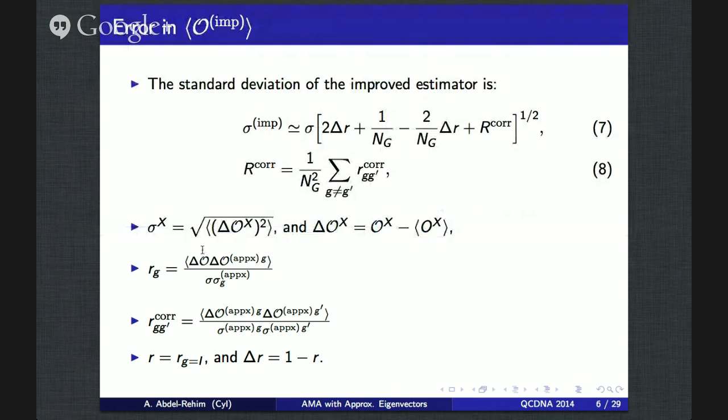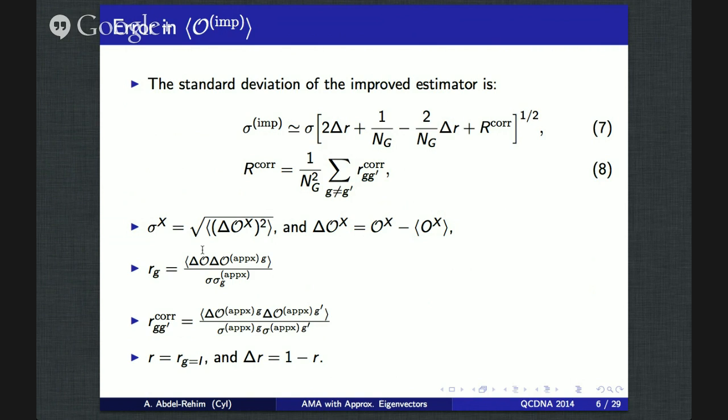The error in this improved estimator, as the authors have shown, is given by this expression. Sigma is the error that you get from your original estimation with only one source location, for example. And the small r and capital R measure the correlation between your different measurements on the lattice.